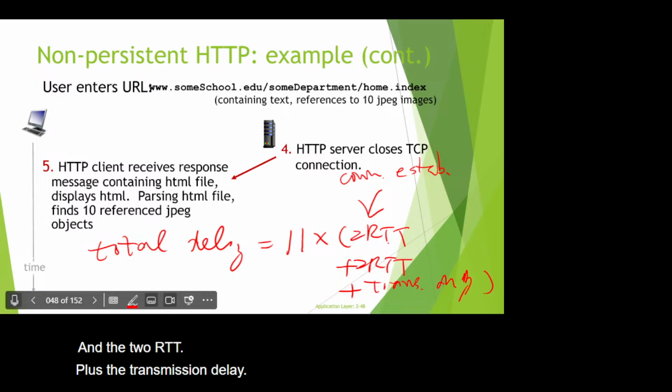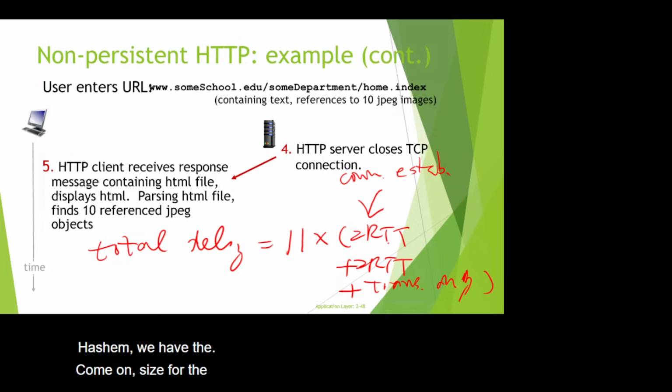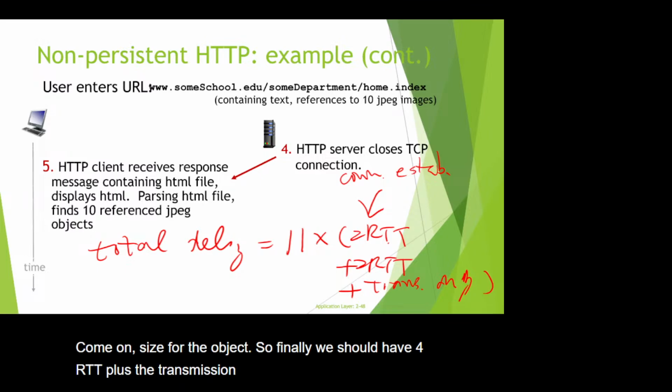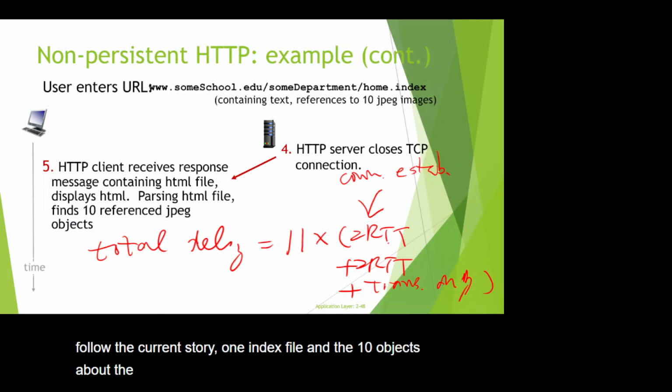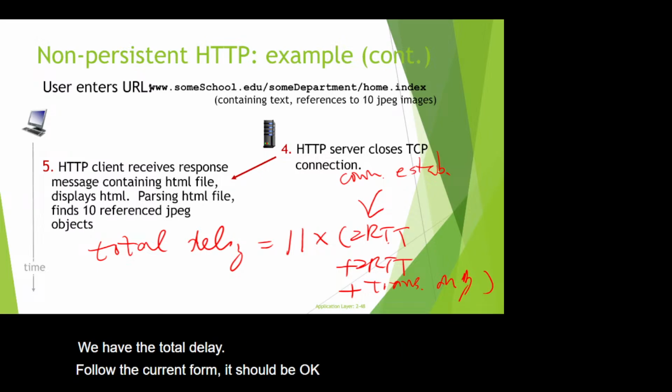Assume we have a common size for the objects. So finally, we have 2 RTT plus the transmission delay, multiplied by 11, because we follow the current story of 1 index file and 10 objects for the non-persistent HTTP version. That is the total delay following the current form. It should be okay, right?